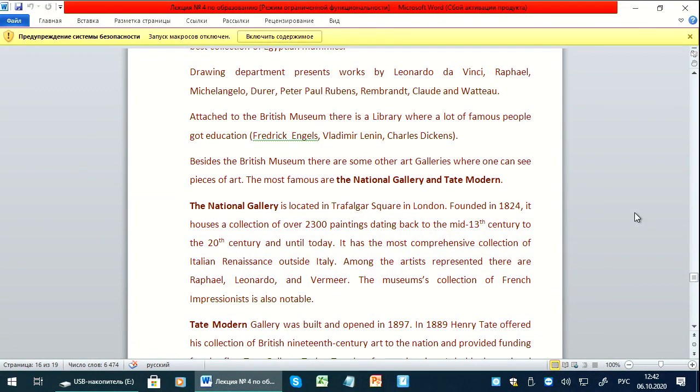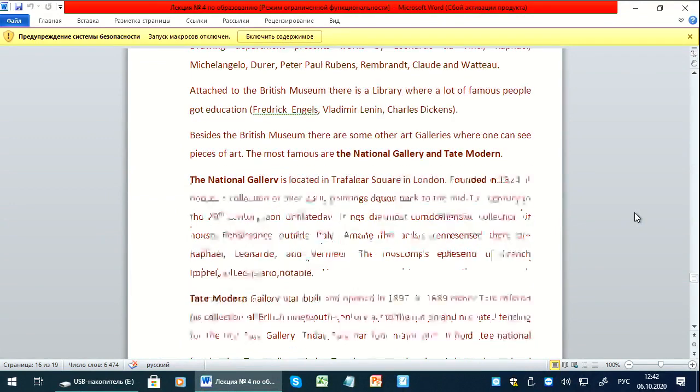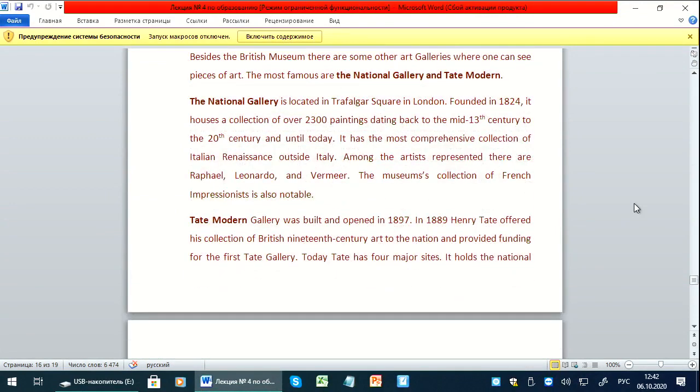Tate Modern Gallery was built and opened in 1897. In 1889, Henry Tate offered his collection of British 19th century art to the nation and provided funding for the first Tate Gallery.